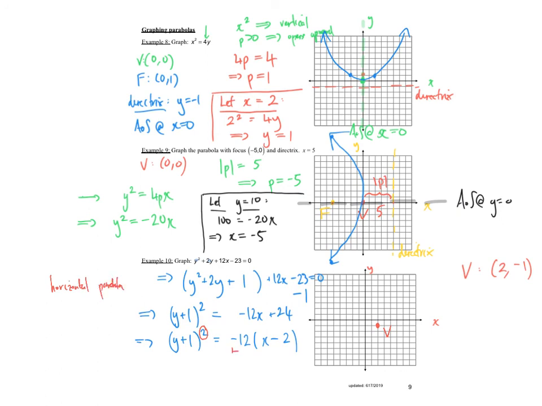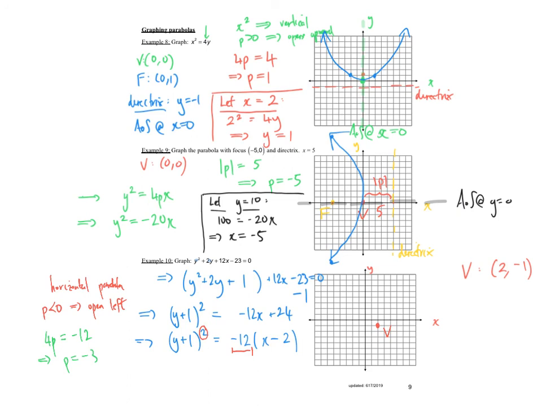Looking in standard form, we can see that P is negative, so the parabola will open to the left. I can now even solve for P. P is going to be that coefficient of -12, so P is -3.